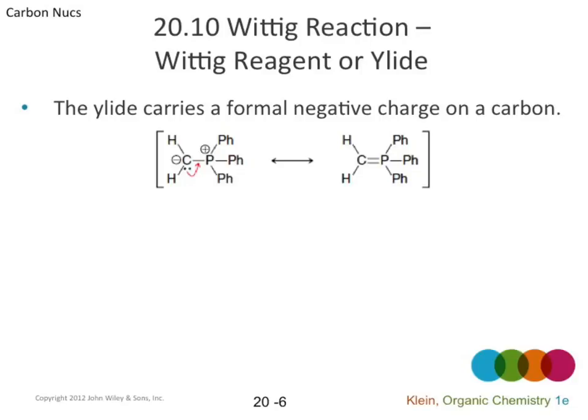And so we can share the electron density between our carbon and our phosphorus. Okay, so that stabilizes that carbanion long enough, allowing it to form, but doesn't make it so stable that it doesn't then react.